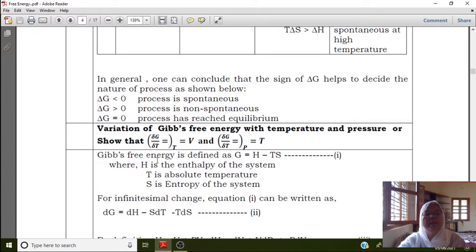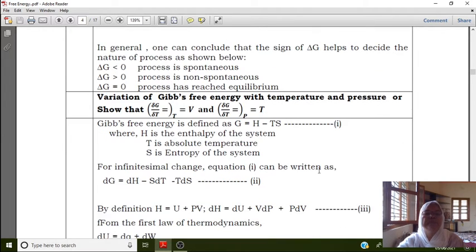Here, all of you know the Gibbs free energy is defined as G is equal to H minus TS, where H is the enthalpy of the system, T is the absolute temperature and S is the entropy of the system. Let this be our expression number 1.